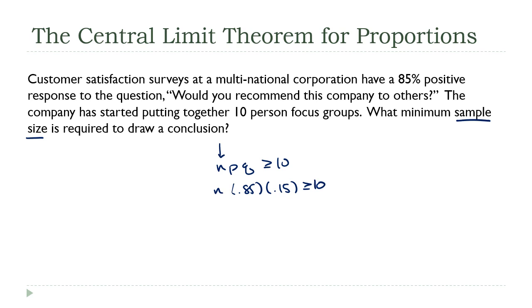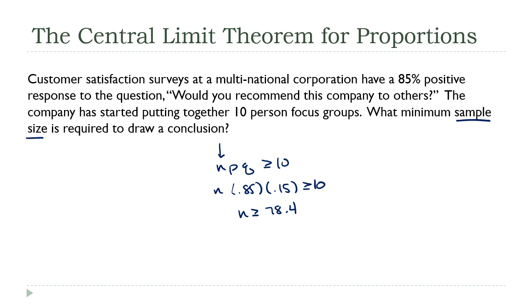Not 0, 10. Okay, well, this is easy enough to solve. Divide both sides by 0.85 times 0.15, and you get N is greater than or equal to 78.4. Now, that's not the answer to your question. Please do not go to the VP of Marketing and give him 78.4 as an answer. He can't survey 4/10 of a customer. He wants an integer.